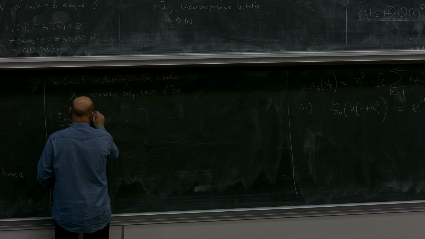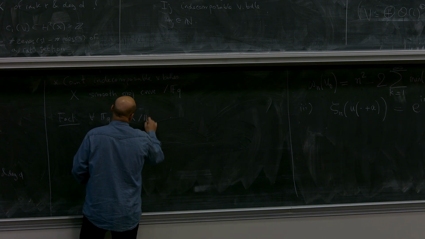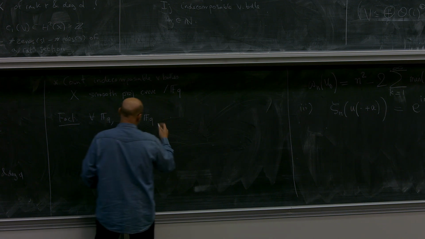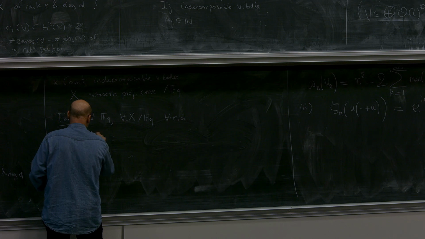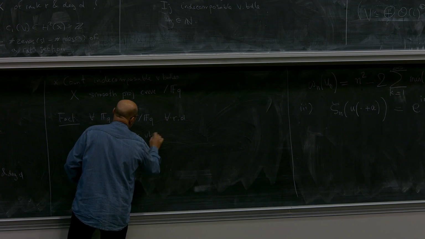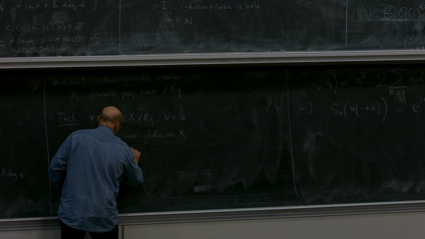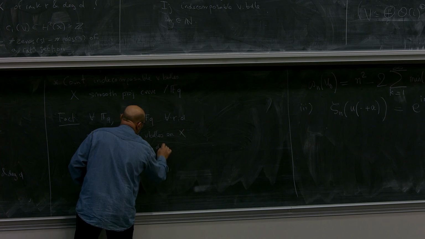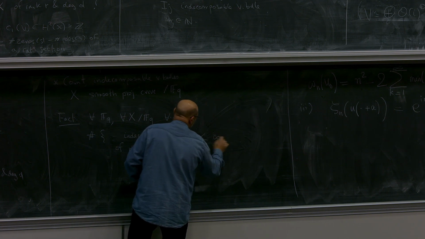For any F_q, for any X smooth projective curve over F_q, for any r and d, the number of indecomposable vector bundles on X of rank r and degree d is finite.